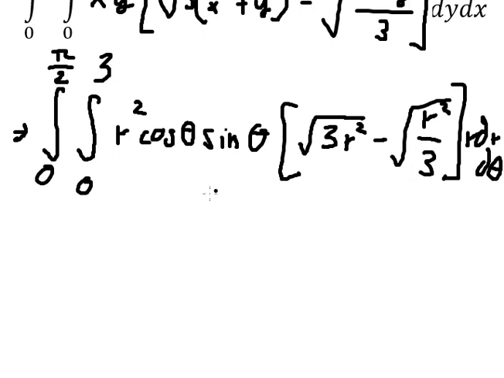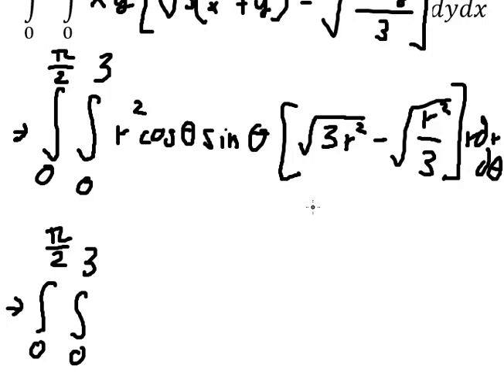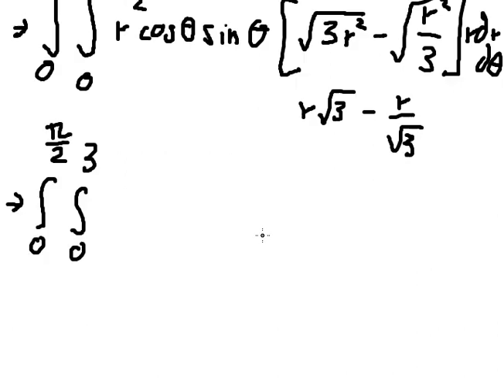And now we need to calculate this one. So this one we have r with the square root of number 3. This one we have r over the square root of number 3. So if we simplify everything, we have r to the power of 4. And we have number 2 with the square root of number 3 over 3.